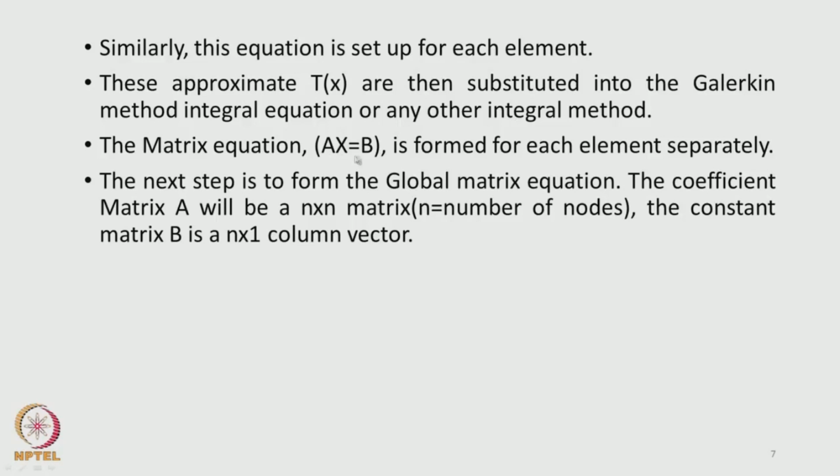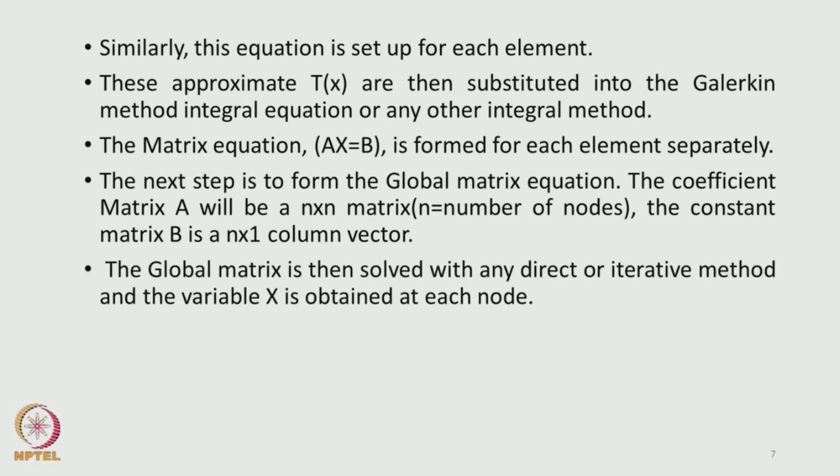So, once you set up this equation A x equal to B and solve, then you will get variable x for all the nodal locations. So, the global matrix is then solved either by a direct or iterative method. Right now, do not worry about what is direct or iterative method. We are going to have a separate detailed explanation on matrix solution procedure. There we will get to know what is direct procedure, what is iterative procedure.